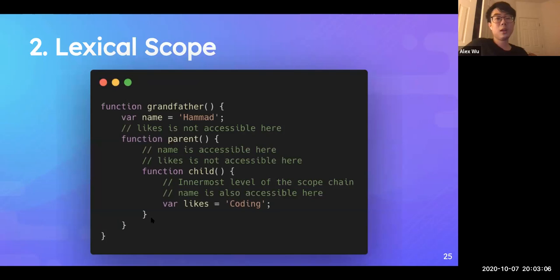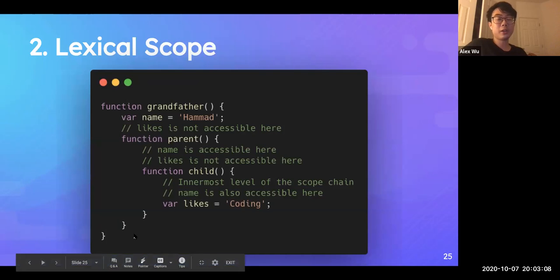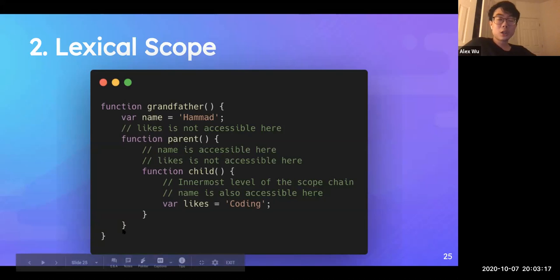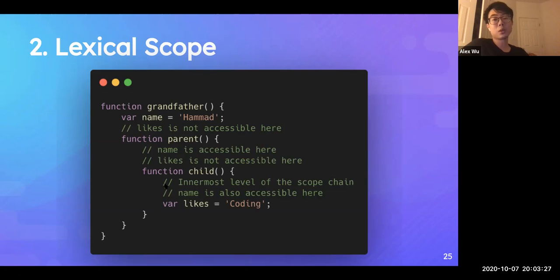So the question is, if there's a function down here somewhere outside the parent function, for example, an uncle function, and the uncle function is trying to access something within the child function or within the parent function, can you access the variables within them? The answer is no.